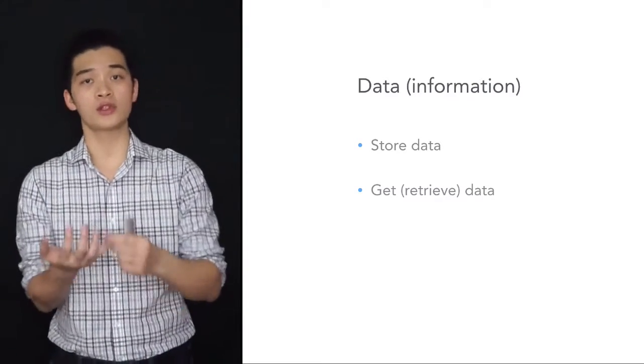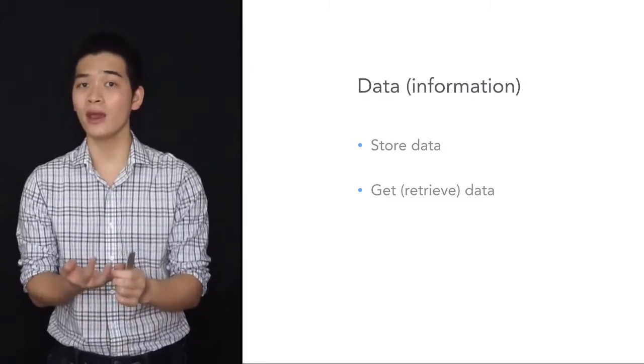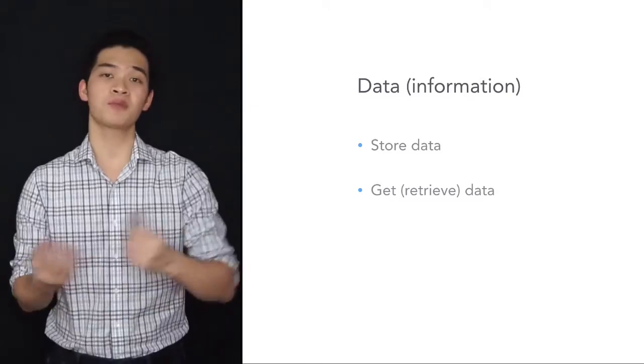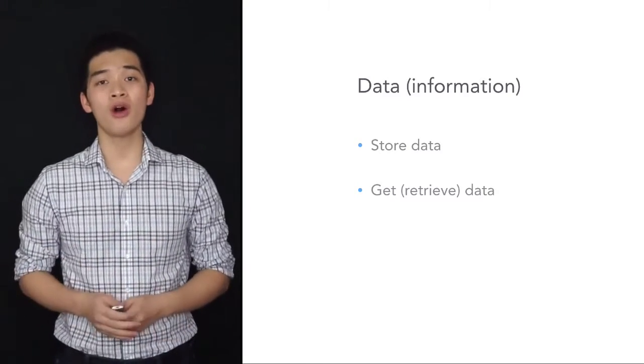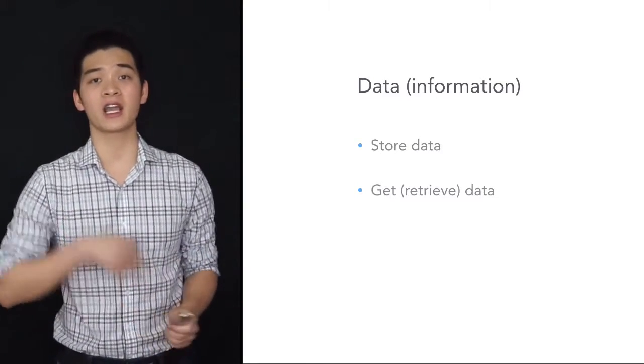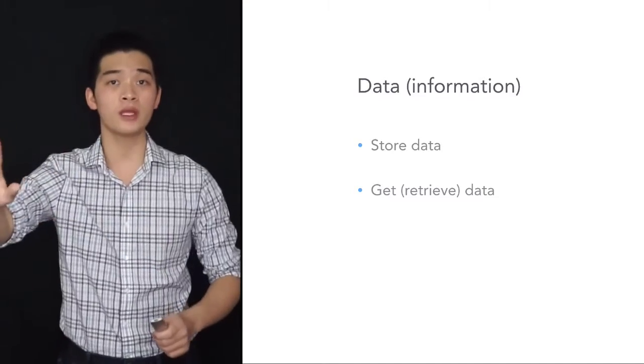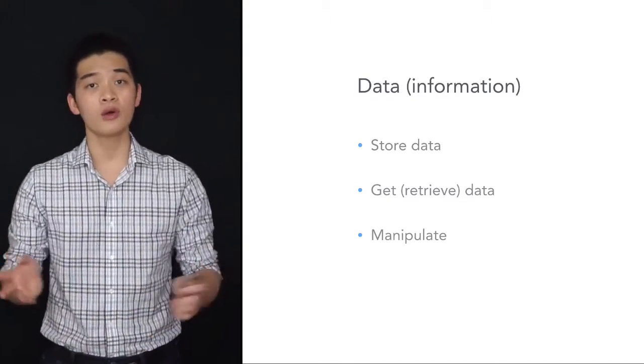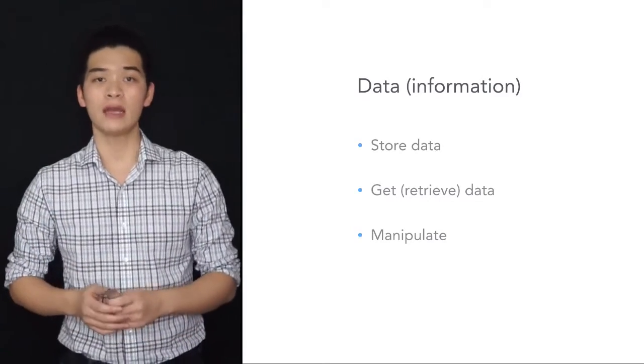And even more, we want to do something more with the data. We want to subtract those, add those, or even do fancy things like going over the internet, put them on the internet, or get data from the internet.